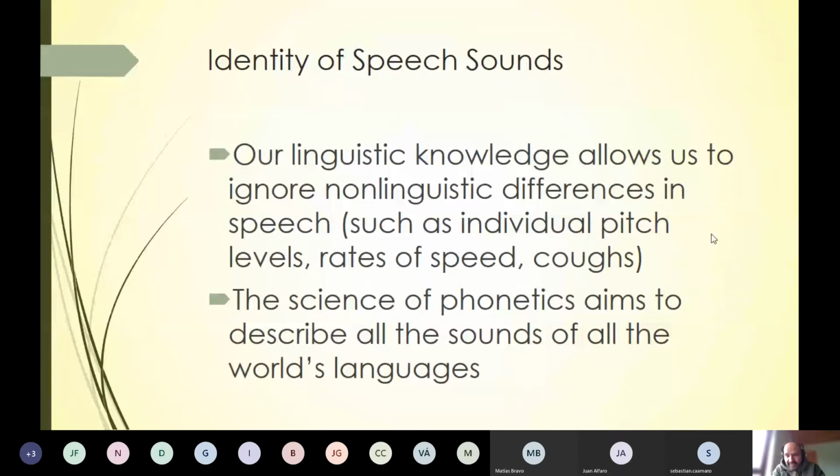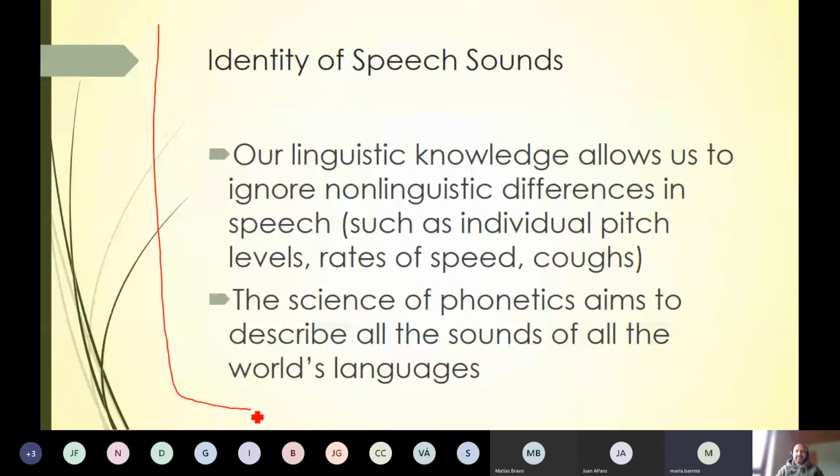Maria Fernanda Barrera, is that right? Yes, teacher. All right. Could you read aloud this section, please? Okay. Thank you. Identity of the speech sounds.